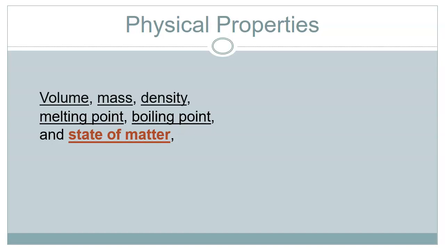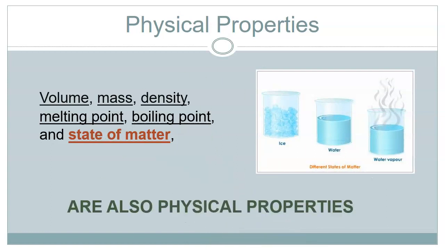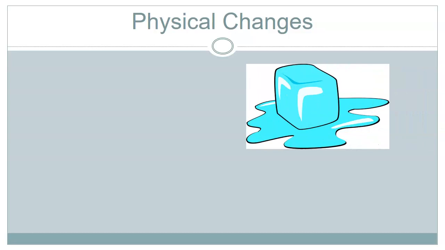That would be a physical property of that substance. Maybe some of you wrote that down. Okay, so each of these things is a physical property. So at this point, you should have filled your box on your notes page there with the different types of physical properties.